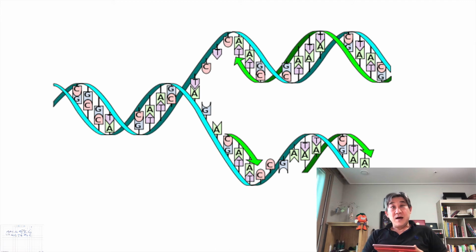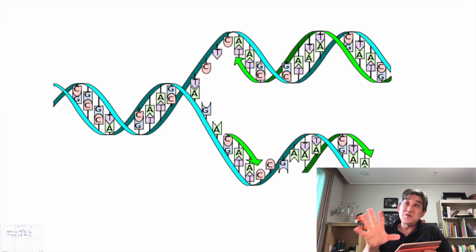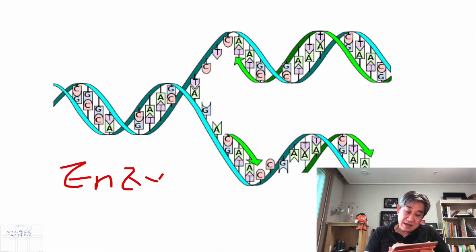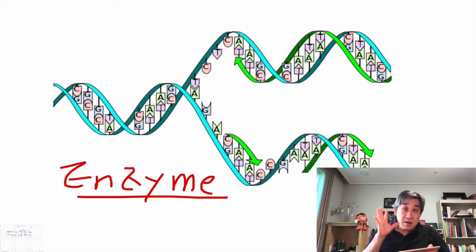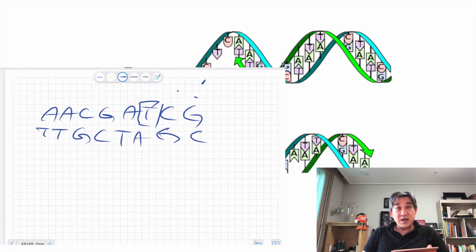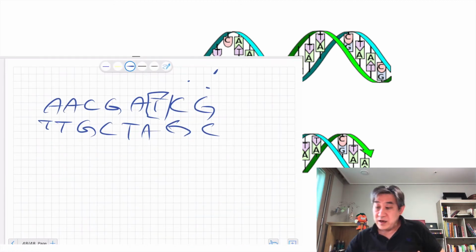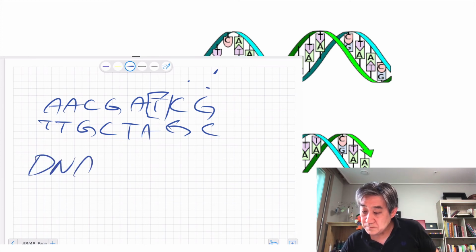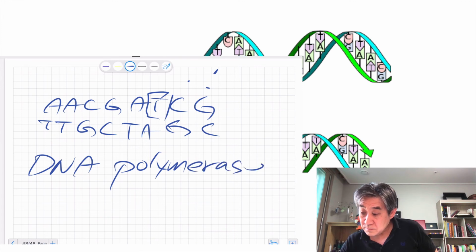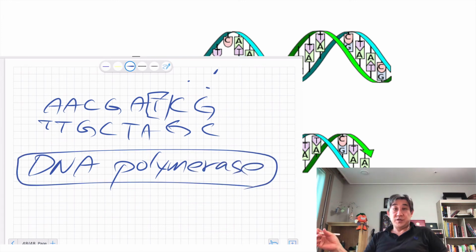What I mean by self-replication is not that it will be able to perform this replication without the help of a specific enzyme. No, that's not what I meant. It requires a specific enzyme, in this case DNA polymerase, which is the name of the enzyme required for DNA replication.